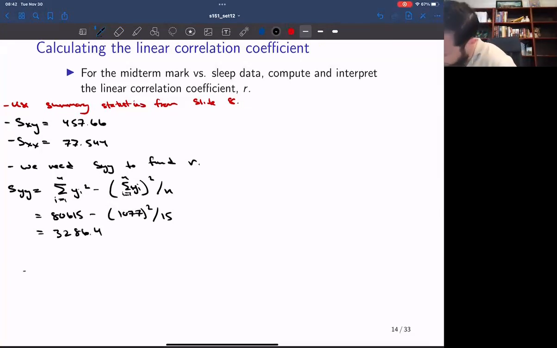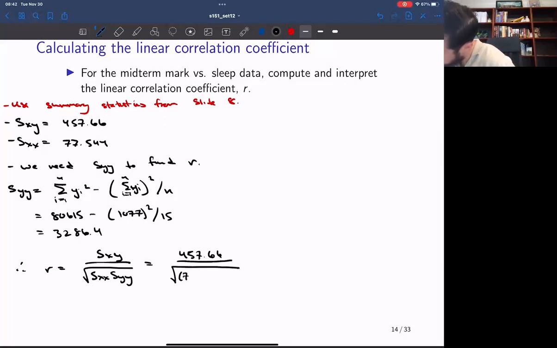Okay, so therefore, R is equal to SXY over the square root of SXX times SYY, which is 457.66 divided by the square root of 77.544 multiplied by 3,286.4.